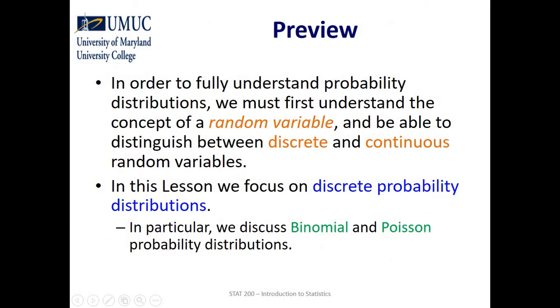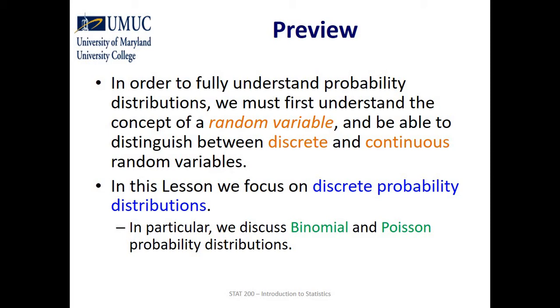Okay, in order to fully understand probability distributions, though, we first have to know a little bit about the concept of random variables. We need to be able to distinguish between a discrete random variable and a continuous random variable. And we'll talk about all three of these concepts in just a minute. So in this lesson, we're going to focus on discrete probability distributions.